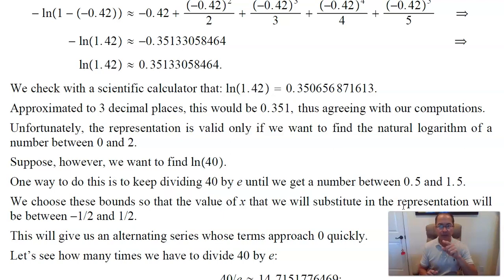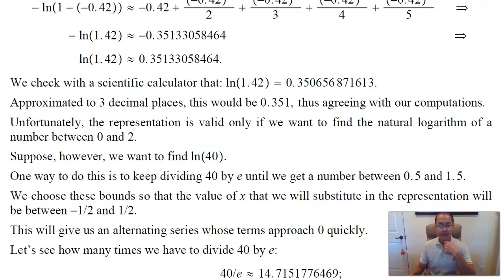Remember that 1 minus x will be between 0 and 2. Okay, so 1 is the axis of symmetry of that interval. So when our 1 minus x is between 0.5 and 1.5, the error should be much better than if it were, let's say, 1.8 or 0.2. Okay, so the terms should approach 0 very quickly.